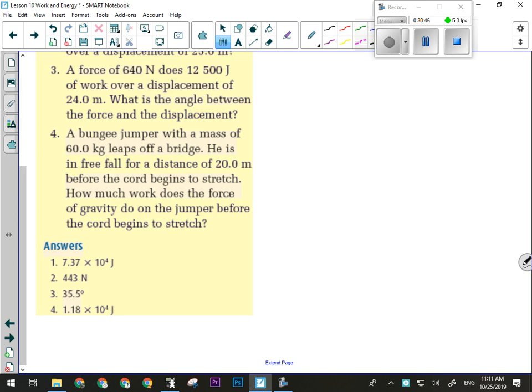What kind of energy do they have standing on the bridge? They have potential energy. They want us to find out how much work gravity will do over 20 meters. Is gravity a force? So can I still do this? Yeah, the height they fall is the distance over which gravity acts.